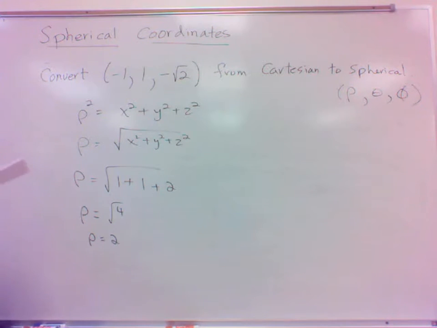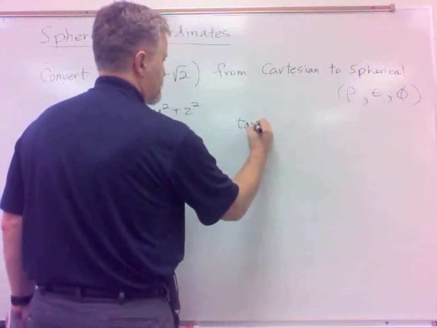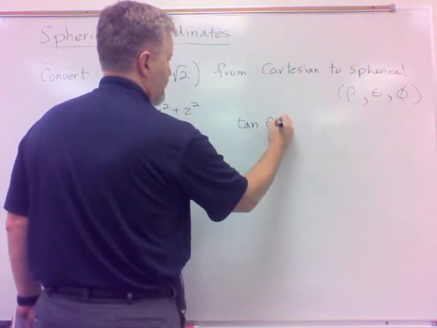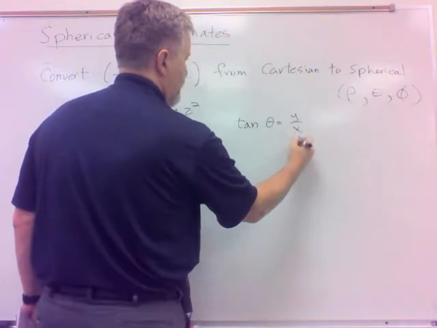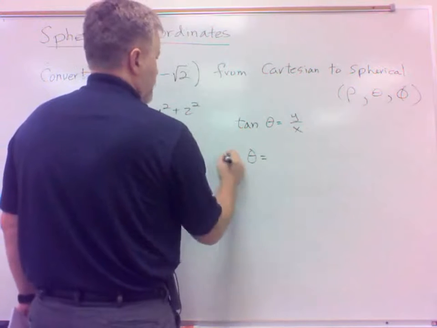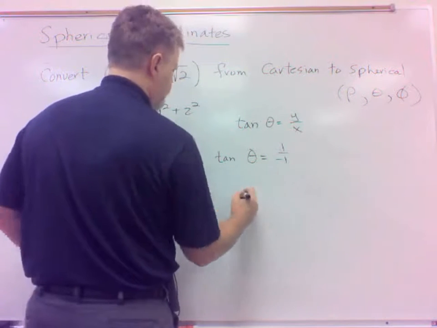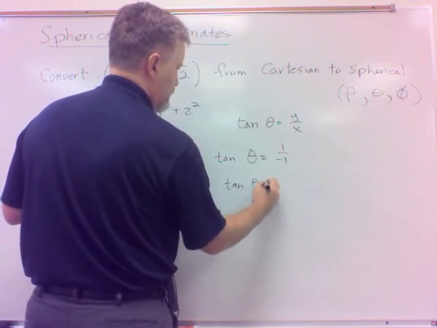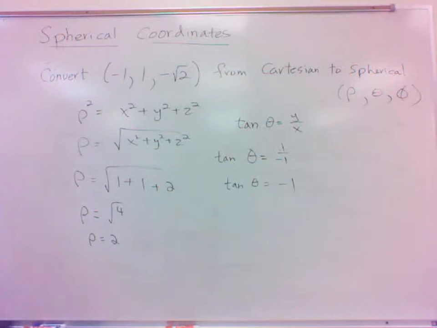Now, we know the thetas are regular theta, and we know that the tangent of theta equals y over x. So here, the tangent of theta would equal 1 over -1, and so the tangent of theta equals -1.